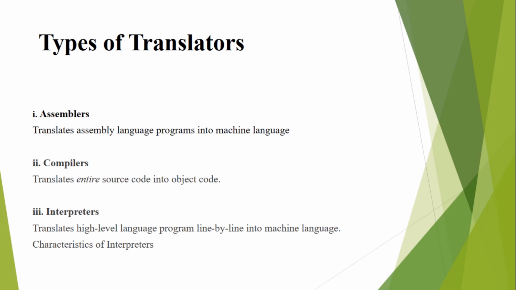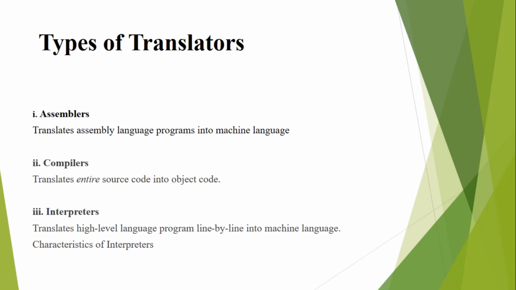Line by line means that if it finds a bug, or what we call a mistake, it will first prompt the user to correct the mistake before the translation is completed.